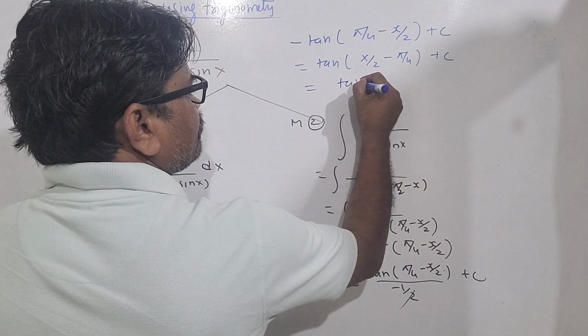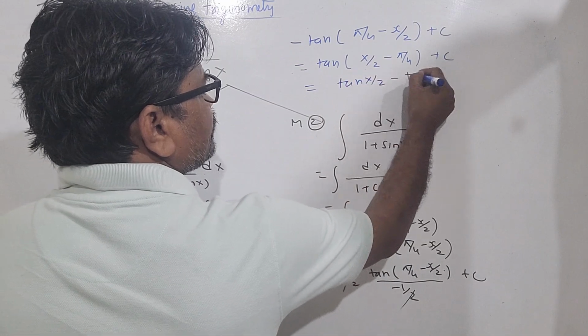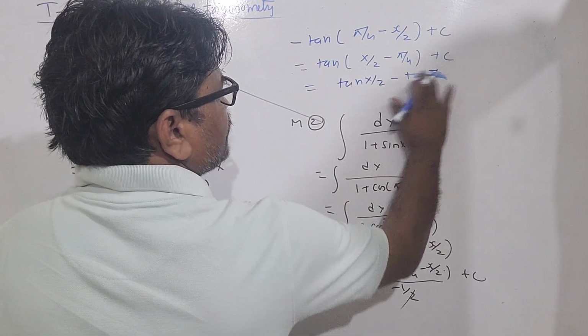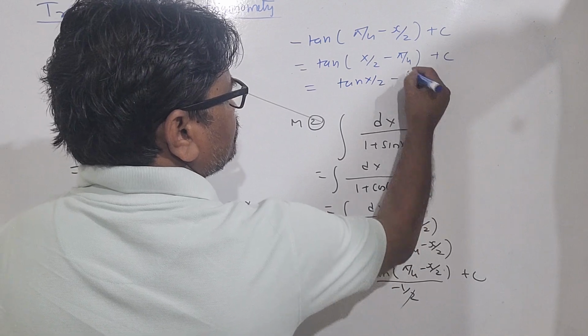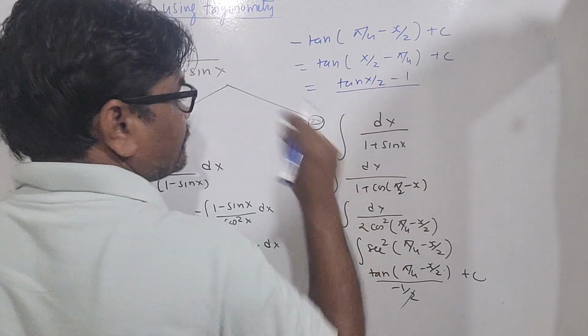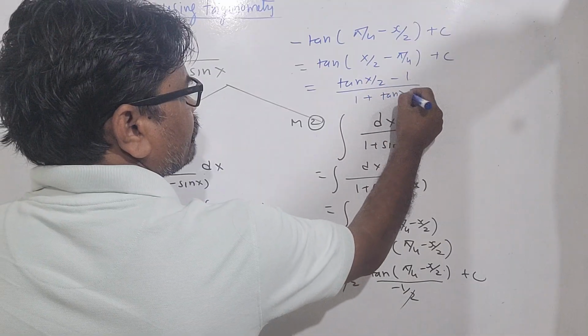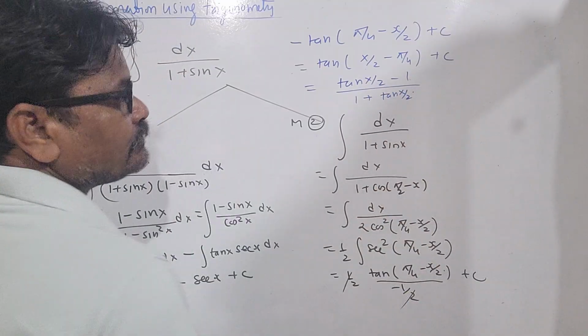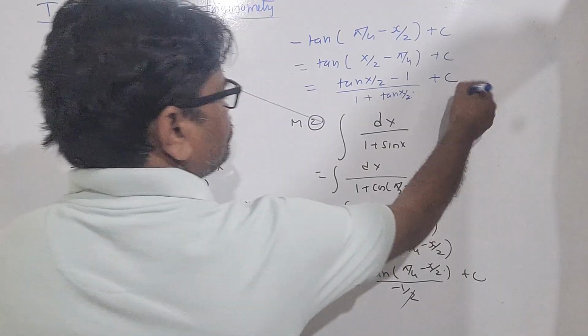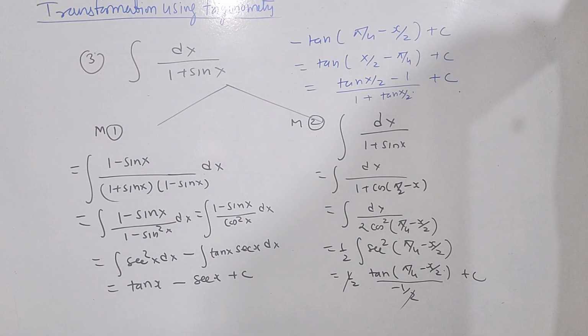So this is (tan of x/2 minus tan of pi/4), where tan of pi/4 means minus 1, correct? And then 1 plus tan of x/2 into tan of pi/4, that is 1, and this is of course plus c.